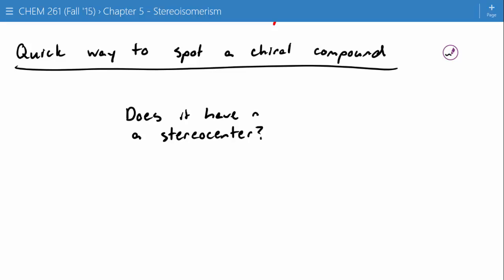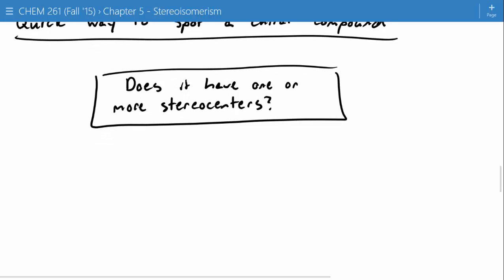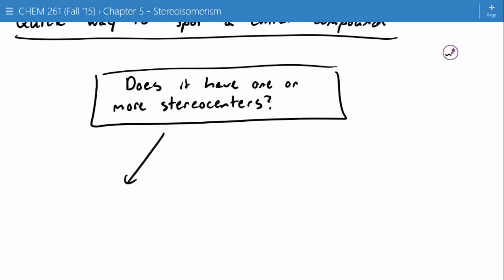Let's do one or more. One or more stereocenters. If we say no, then it's probably not chiral.